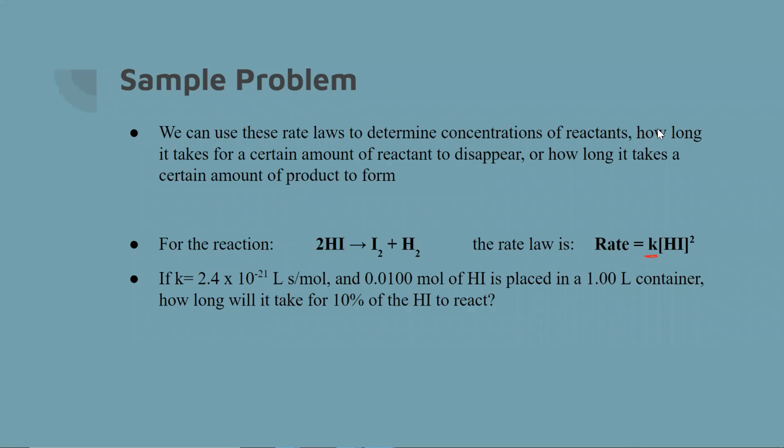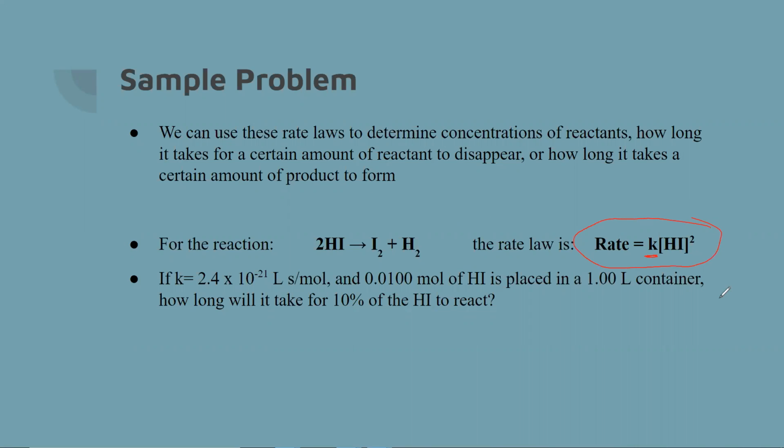Okay, so the first thing we have to do is figure out what rate law we are supposed to be using. So it says that the rate law for this reaction specifically is over here. So we're going to use this to figure out which integrated rate law we need to be using.